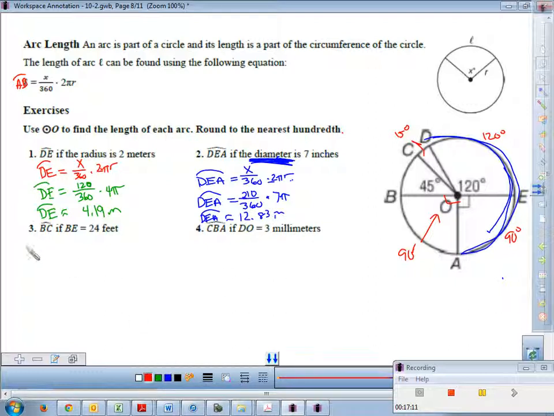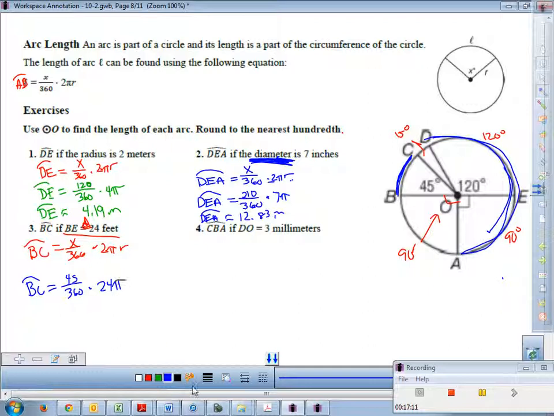Let's do another one. Arc BC's length is x over 360 times 2 pi r. They say the distance from B to E, which is the diameter, is 24 feet, so I'm going to put a D right there. Arc BC's central angle is 45 degrees, so 45 goes in for x, times the diameter times pi.